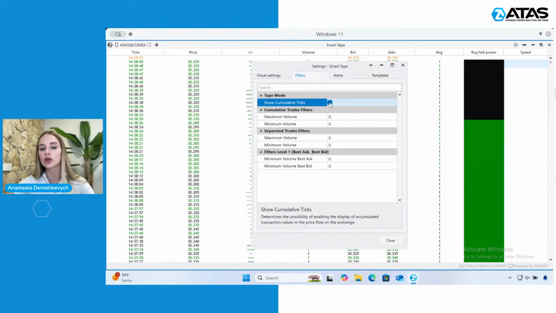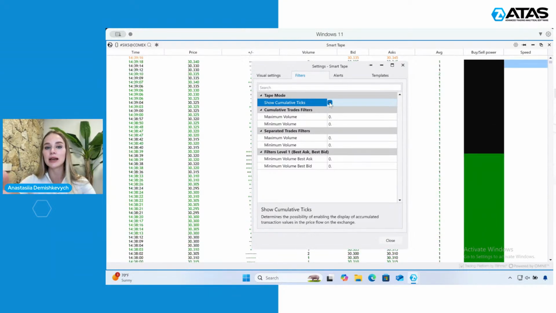Smart tape consolidates these and cumulates them into one row, clearly showing the overall size and the direction of the market. It also filters out the noise, leaving only what is actually important to impact the market, and it visually highlights large orders and spikes in activity, and helps quickly identify major player behavior.